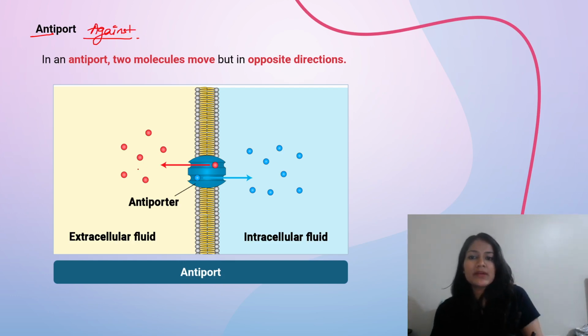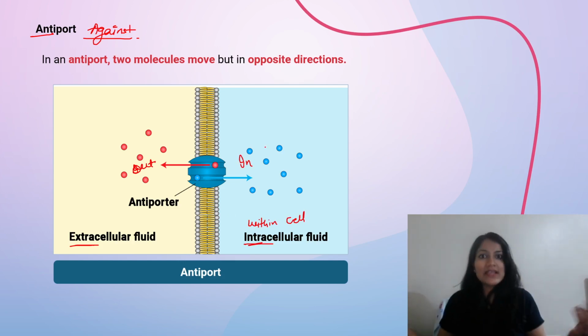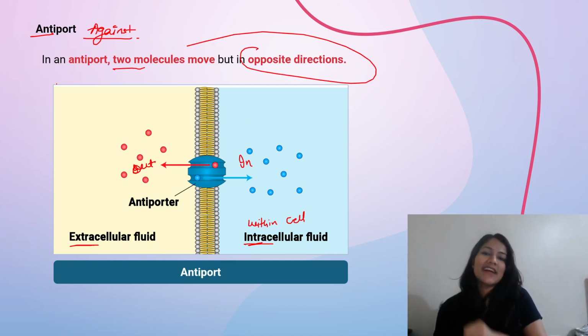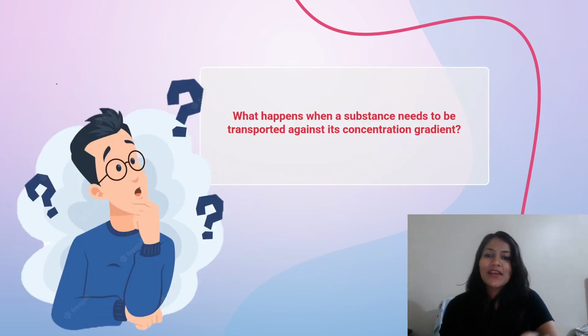Yes, one of them is coming inside the cell or outside the cell. This is out, extracellular fluid, extra, outside the cell, intra, within the cell. So this is within the cell. So something is coming inside and something is moving outside against each other. What are we going to call it as? Antiport. So two molecules in opposite direction, antiport.